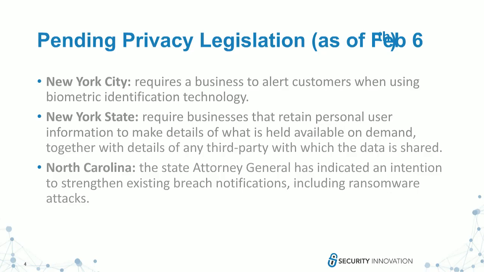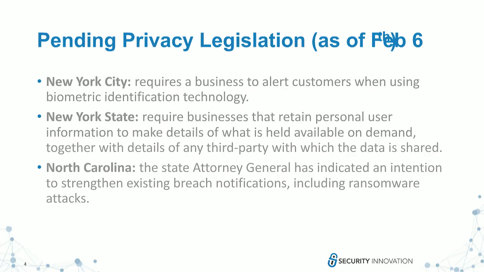But getting into some of the pending legislation that is coming up, New York City has some legislation that requires a business to alert customers when using biometric identification technology like facial recognition software. The state of New York has legislation pending that requires businesses that retain personal user information to make details of what is held available on demand to the user, together with details of any third party through which that data may be shared.